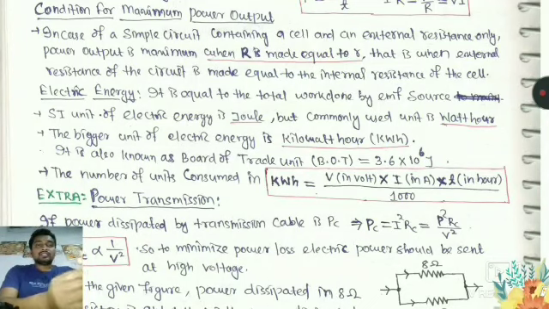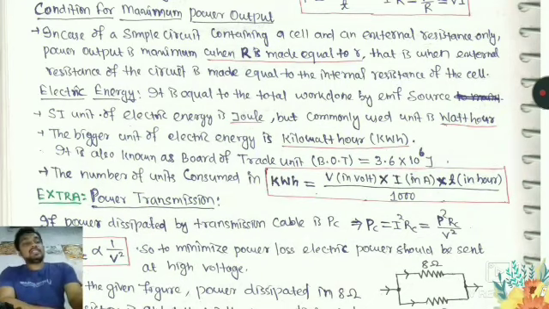SI unit of electric energy is joule, but normally we use watt hour, or the bigger unit kilowatt hour. 1 kilowatt hour is called board of trade unit, and its value is 3.6 into 10 to the 6 joule. The number of units consumed in kilowatt hour is V in volt, I in ampere, t in hour, divided by 1000. That's why we use 1000 to calculate the number of units consumed.